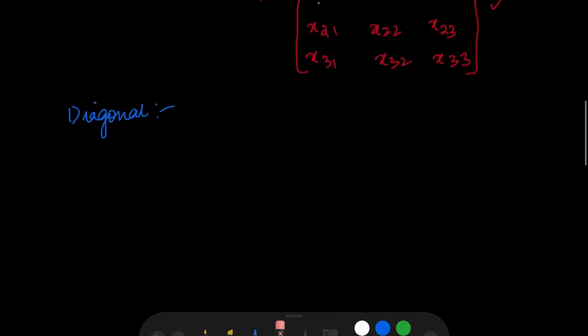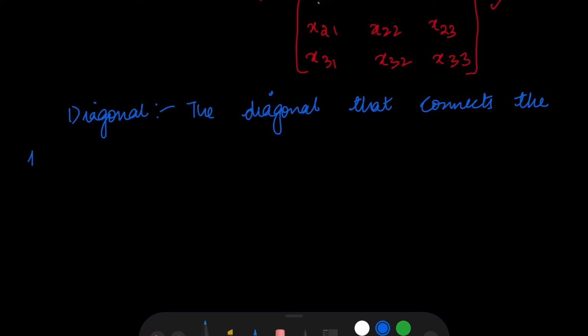So we'll first write the definition of it. The diagonal that connects the first element and the last element in the matrix.